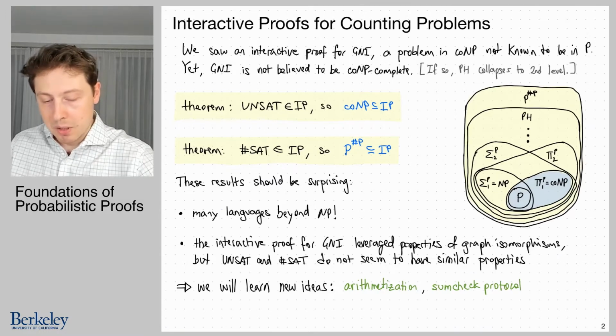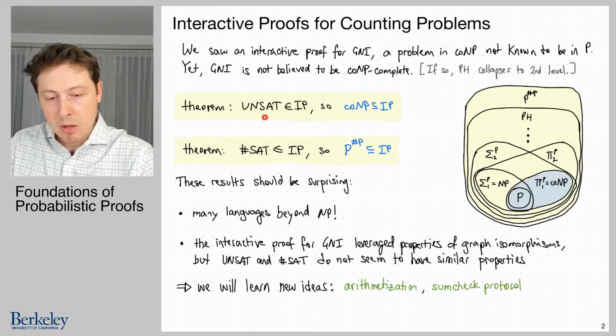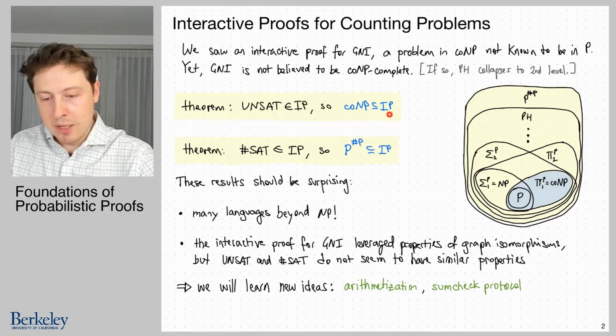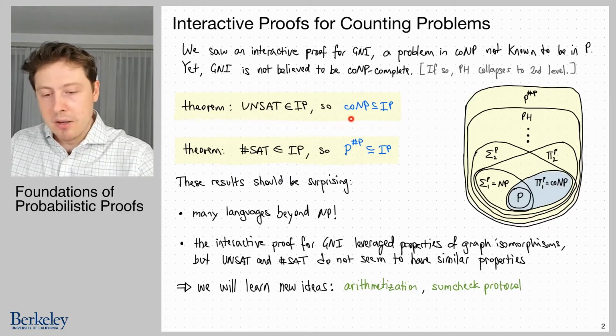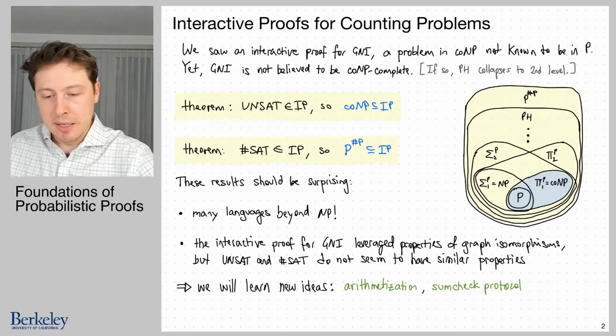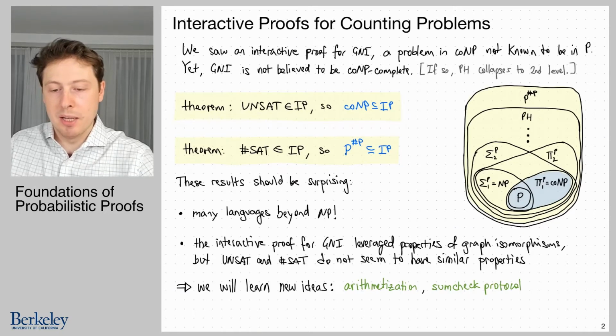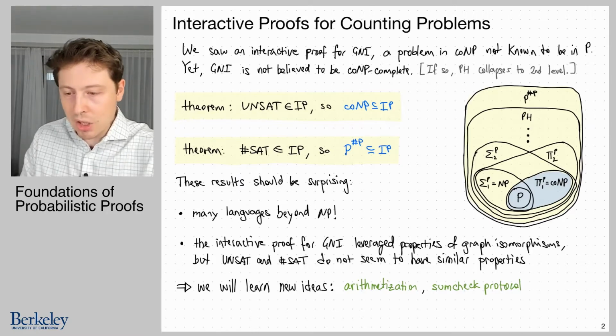In terms of round complexity, both the proof that coNP is contained in IP and that P to the #P is contained in IP do not have a constant number of rounds. In fact, there is complexity theoretic evidence that I can link later in Piazza showing that we do not expect, even for coNP, to have not even constant, a polylogarithmic number of rounds. Instead we'll have to be content for now with a linear number of rounds, just like for PSPACE.